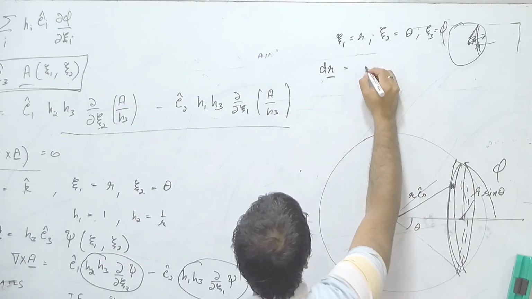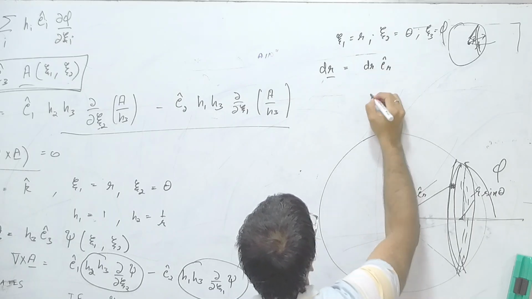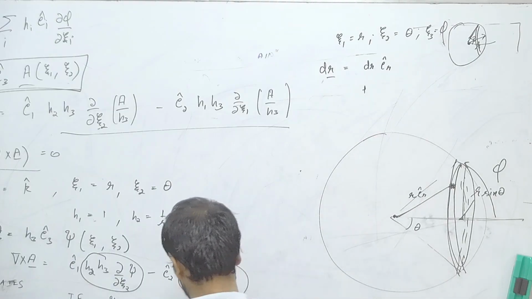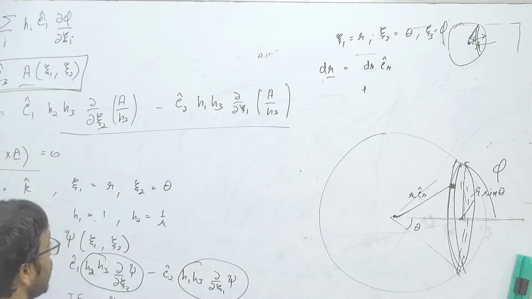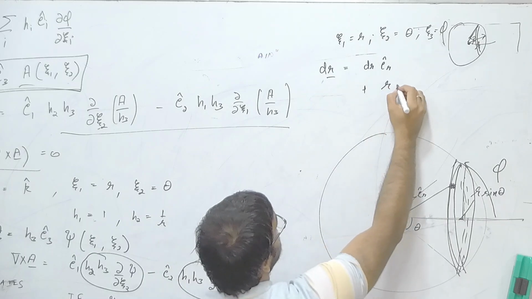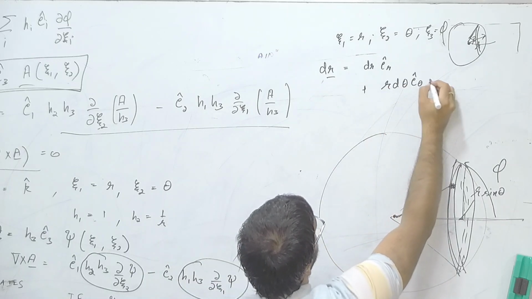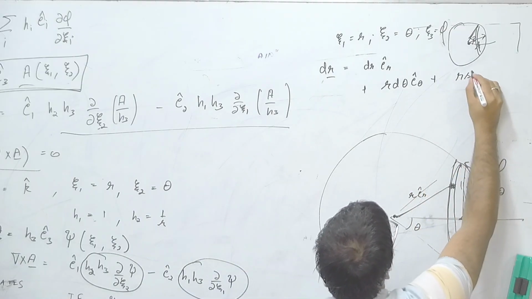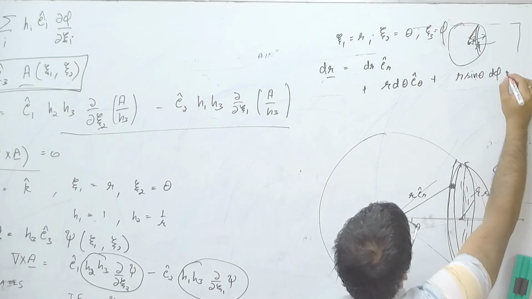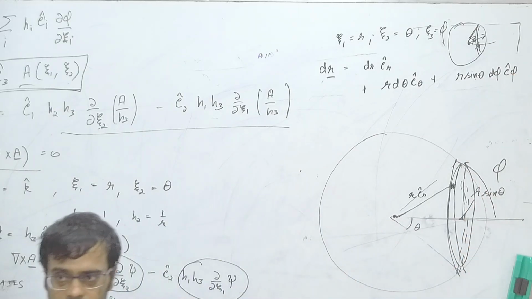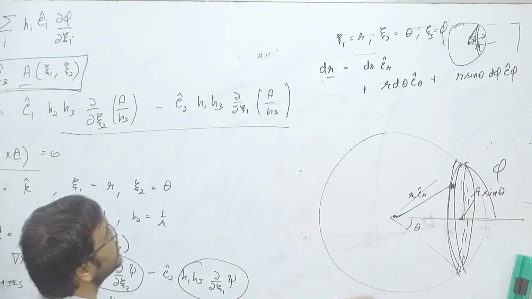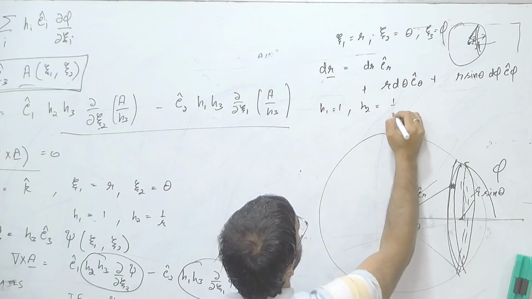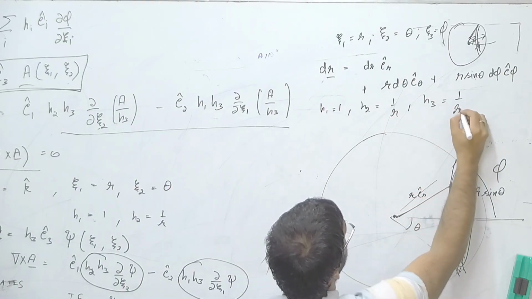It will be simply dr e hat r plus, same as this row, r d theta e hat theta, and then on the ring you will move by radius r sin theta d phi e hat phi. So if this is your c1, c2, c3, then h1 is 1, h2 is 1 by r, h3 is 1 by r sin theta.